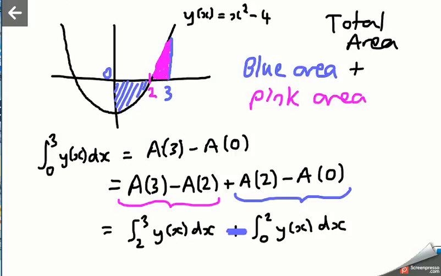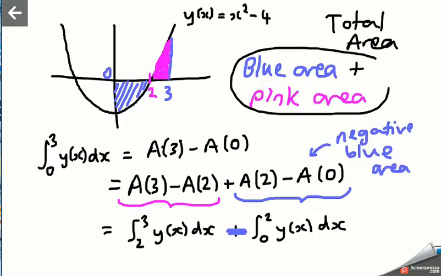And of course, don't forget, the negative blue area, so we had to minus it instead of adding it on. Otherwise, if we just added it on, we would have been subtracting the blue area from the pink area. So total area is blue area plus pink area. Net signed area is pink area minus blue area.